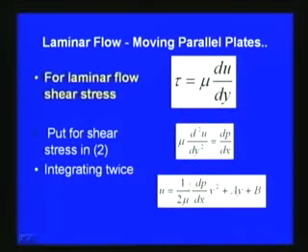This is the final expression, and as we did in the previous case, here also we can integrate twice and apply the boundary conditions to find the integration constants, and finally get an expression for the velocity. As shown in this slide, if you integrate twice, we get u is equal to 1 by 2 mu dp by dx into y square plus ay plus b, where a and b are the constants of integration.